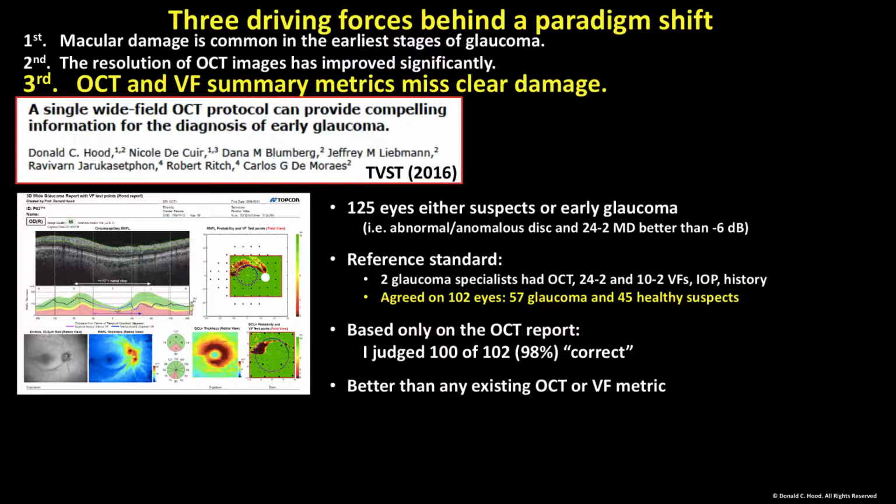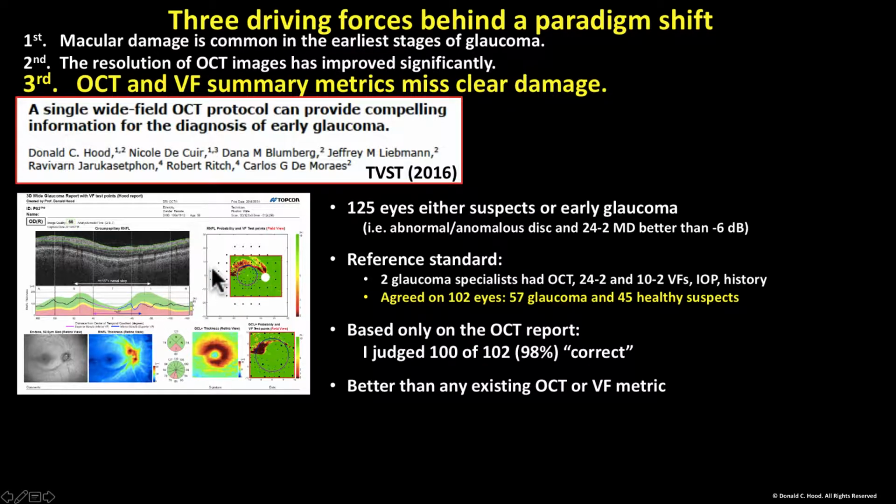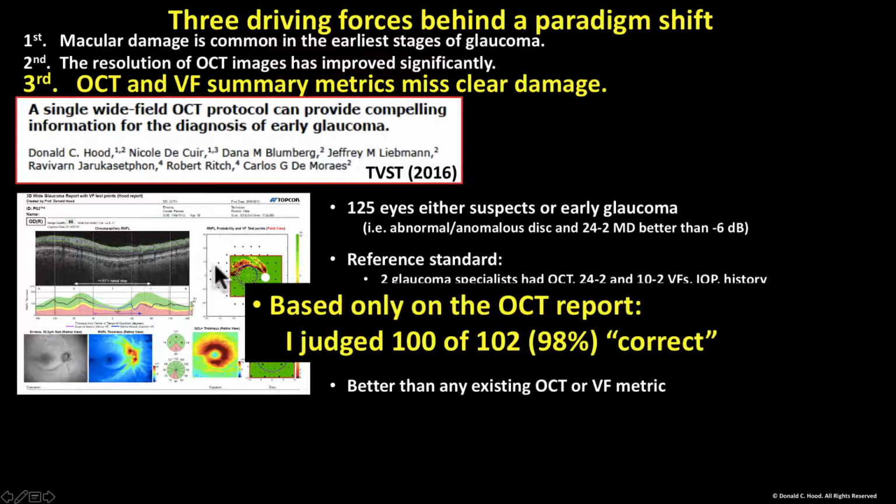They called 57 glaucomatous, 45 healthy suspects. Based only on the OCT report, I was 98% correct. I got only 2 wrong. Now, the point here is not look at how good I am. The point is how much information is in this report that only has the OCT in it at the moment.